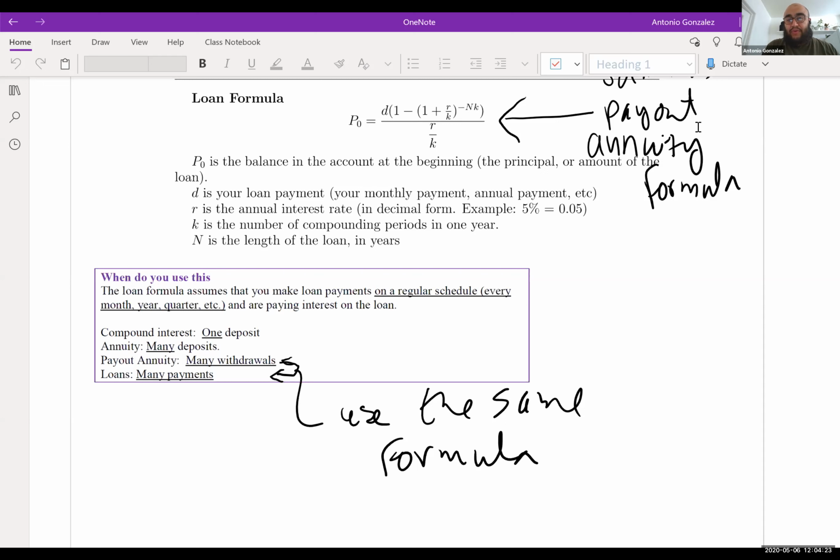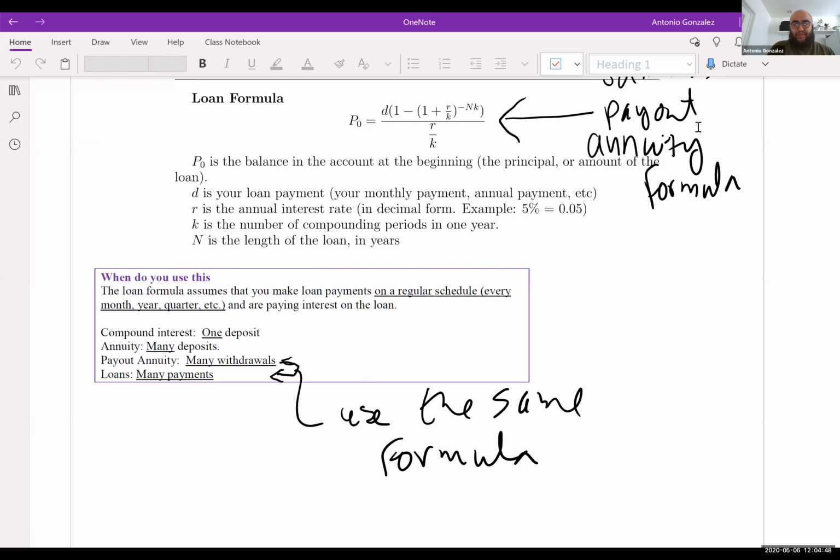The difference with the compound interest formula has to do with saving, and the idea of compound interest in that type of problem. But the annuity, payout annuity, and loans all involve some type of compound interest that is accrued over time.